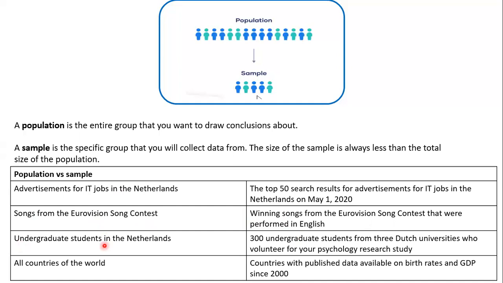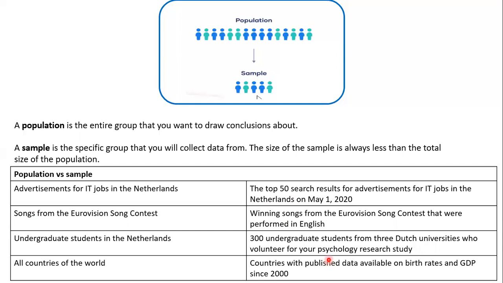Next, undergraduate students in the Netherlands. This is the population, where we are taking the count of the undergraduate students in the Netherlands. In that, the sample is 300 undergraduate students from three Dutch universities who volunteered for psychological research studies.